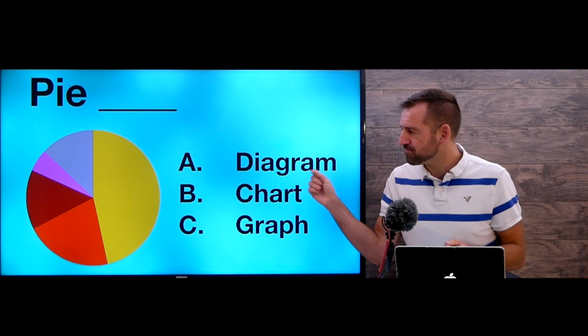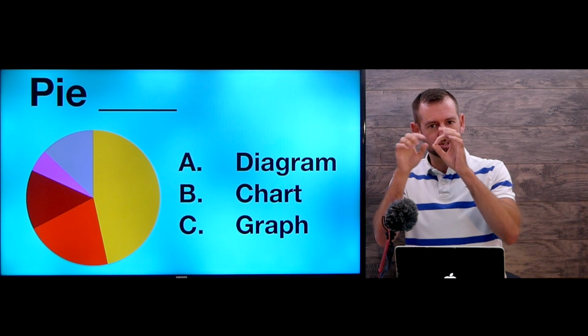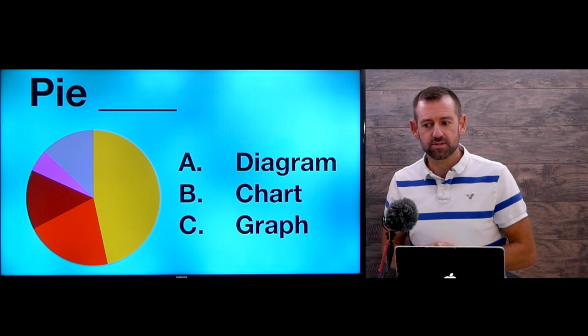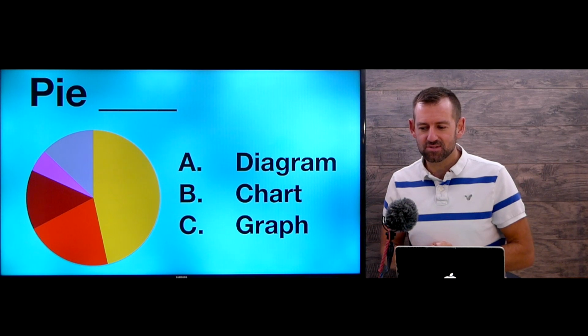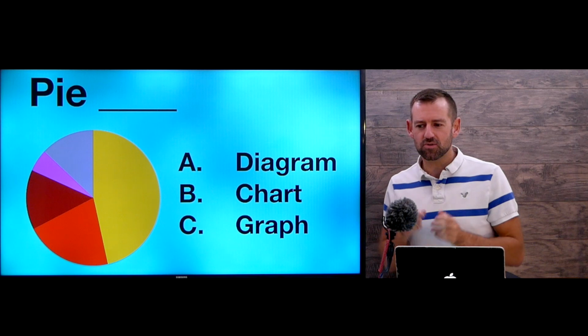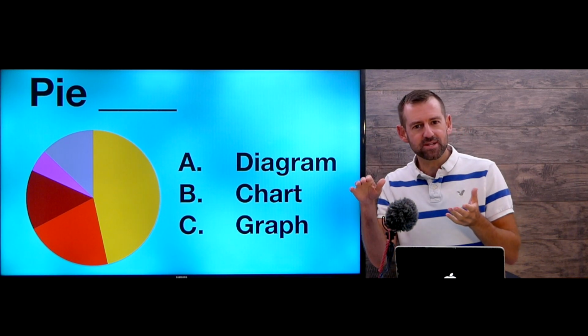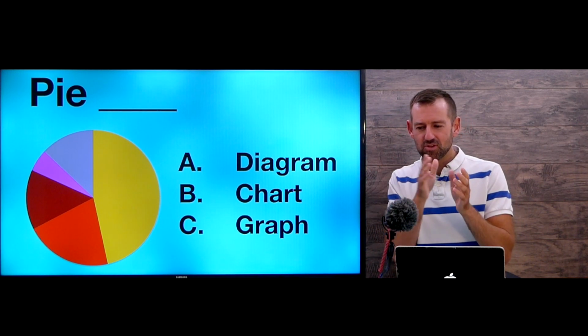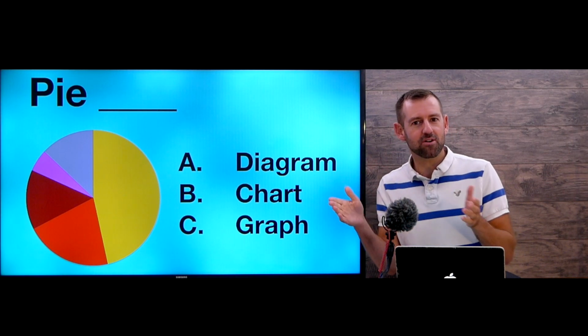The diagram, remember the Venn diagram with the two overlapping circles? That didn't really show any movement, right? So one thing with a graph is that a graph usually shows either some movement or shows how you can track the progress of something.